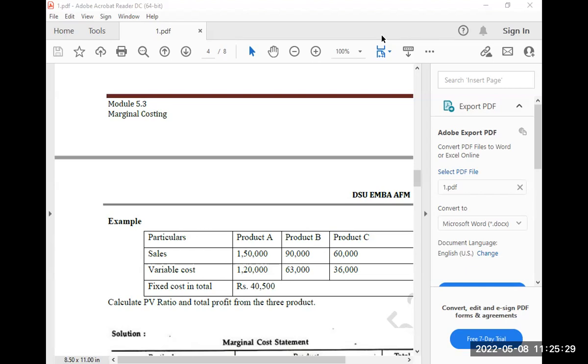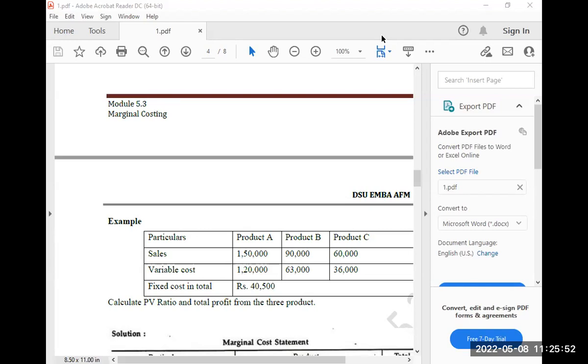Can you try? What will be the PV ratio? Profit volume ratio. What is the profit volume ratio formula? Profit volume ratio is equal to contribution divided by sales into 100. Calculate that for 3 products.